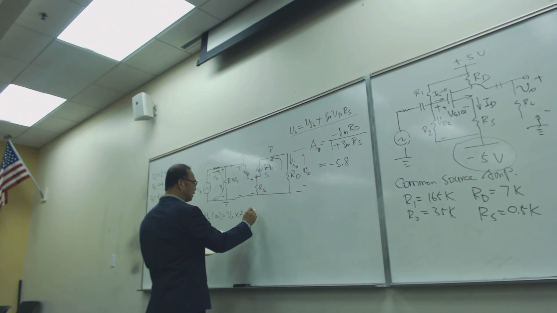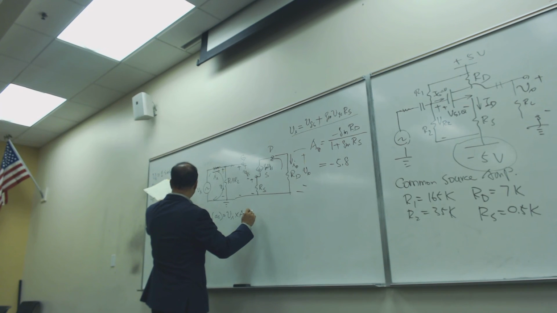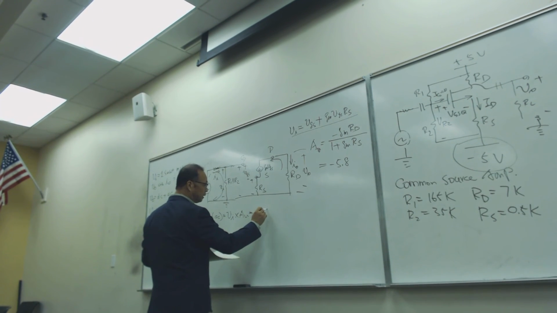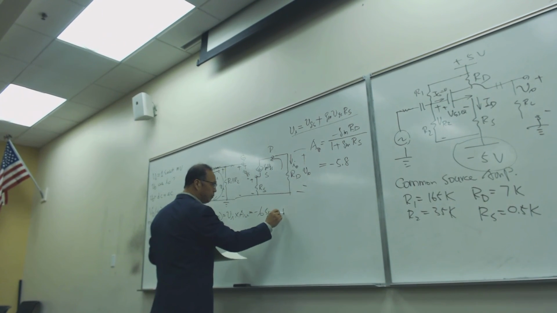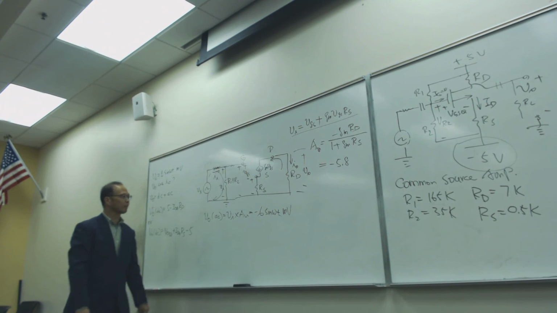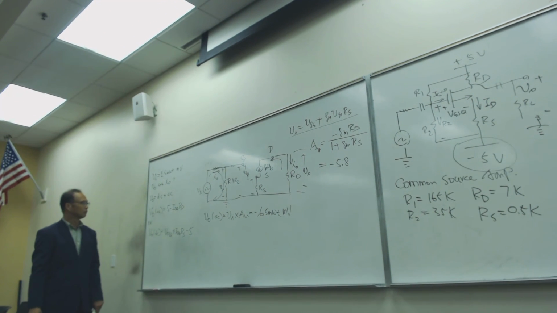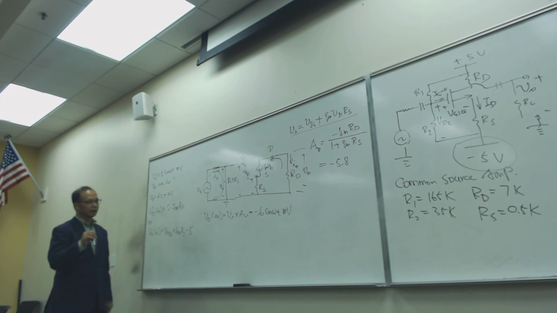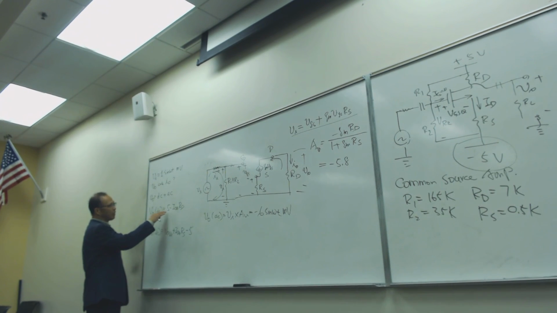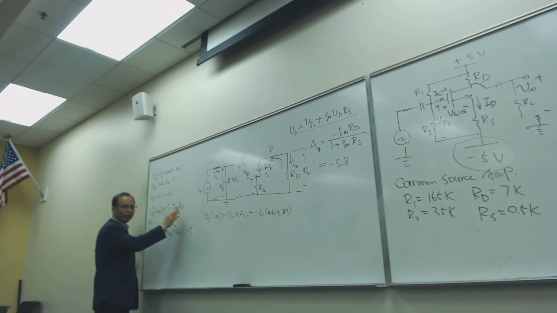So it's minus 6 sine omega t millivolts, right? So therefore, the total voltage is the sum of this and that.